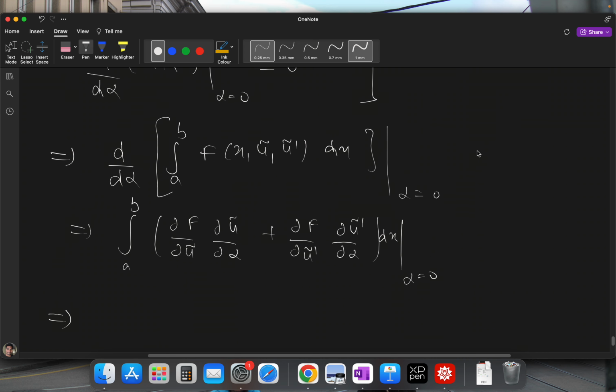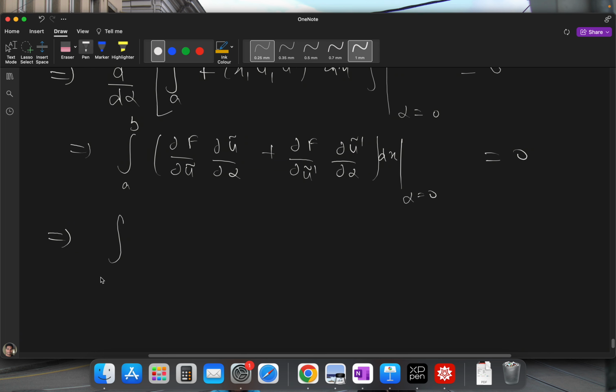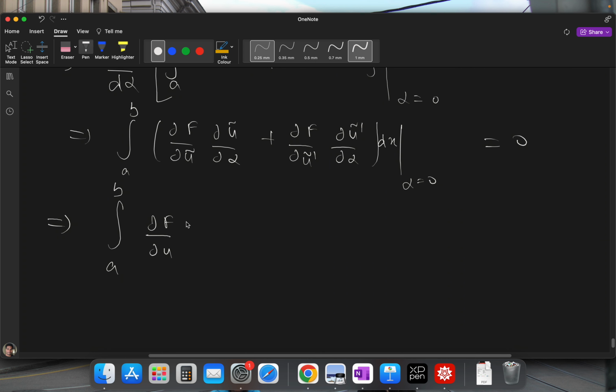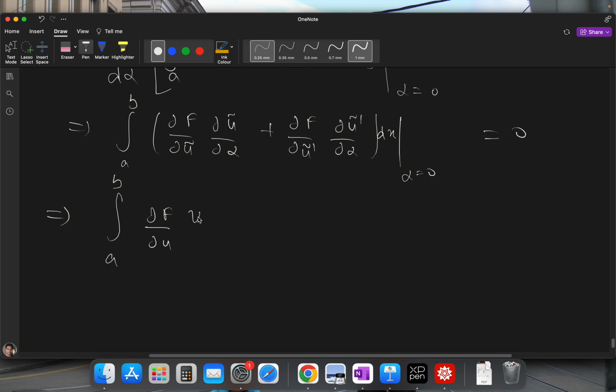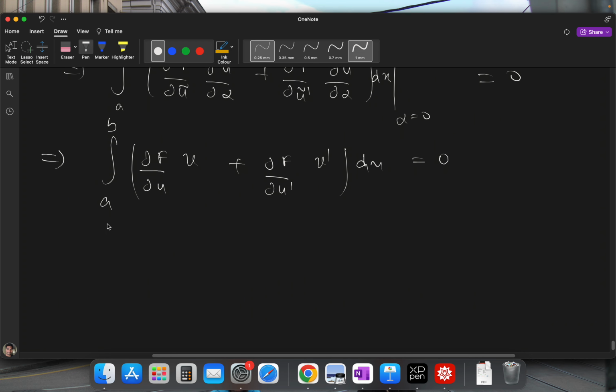Since we have to equate everything to 0, the integral from a to b of del f by del u, you can see that after integrating I have to substitute alpha equal to 0. When you substitute alpha equal to 0, this u tilde becomes u, and del u tilde by del alpha becomes v, plus del f by del u dash times v dash, dx equal to 0.